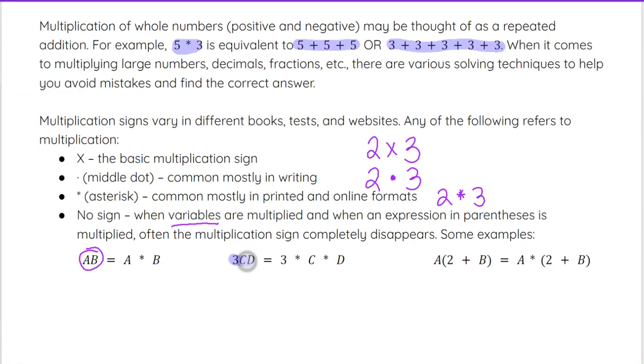Same thing here. 3CD, that means 3 times C times D, but we typically write it without when it comes to variables. And then here, A with the parentheses 2 plus B, this really means A times 2 plus B, but we usually don't write it with that asterisk or any of the multiplication symbols.